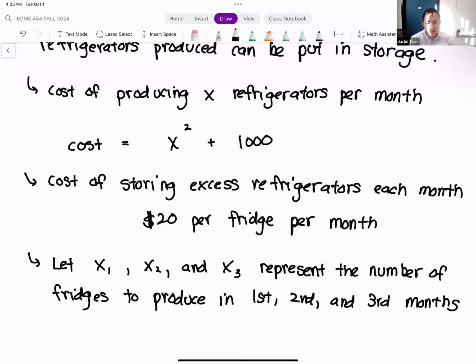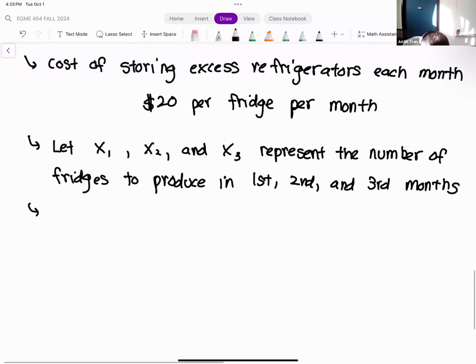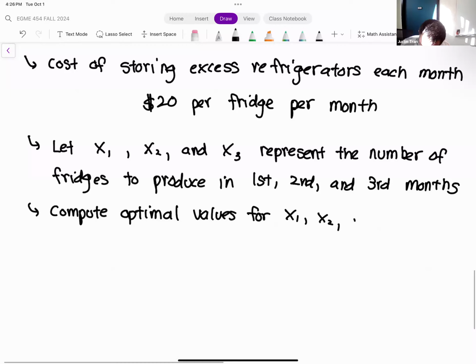And what we're interested in is computing the optimal values for X1, X2, and X3. And of course, this is one of those problems where we want to minimize the cost.